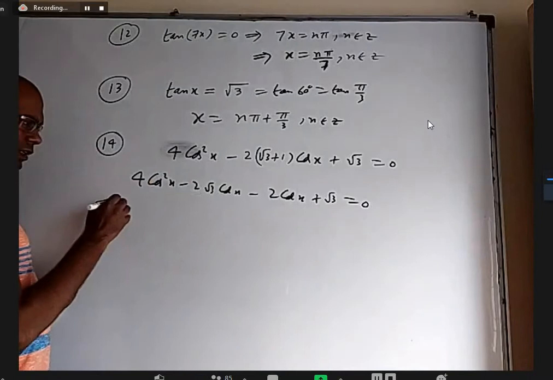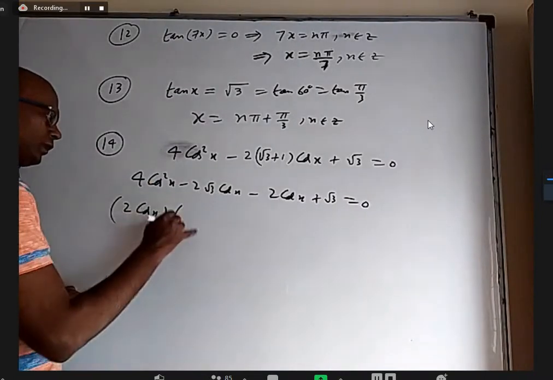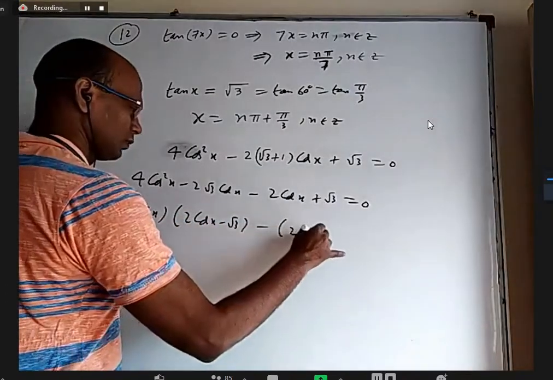From these two, you can take 2 cos x common. From this, minus common.